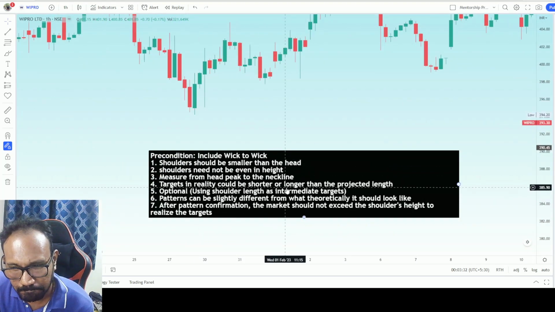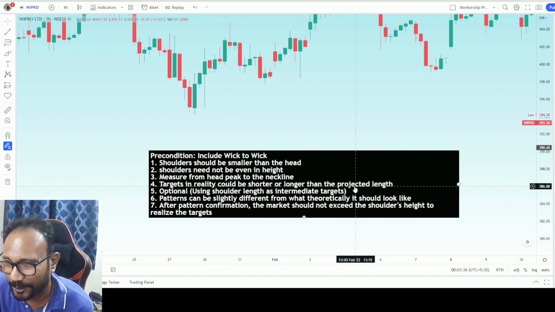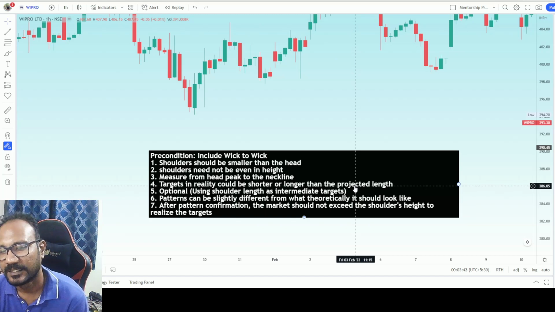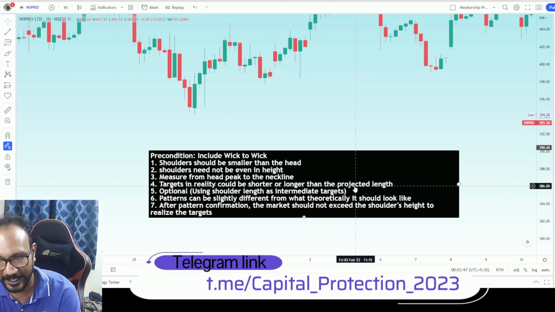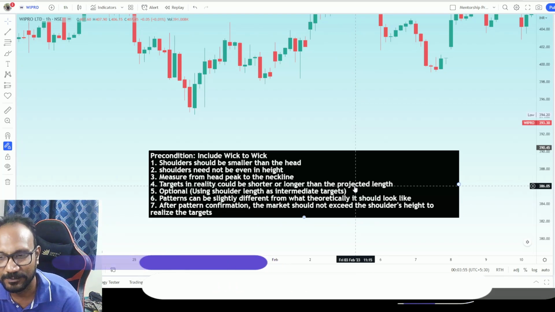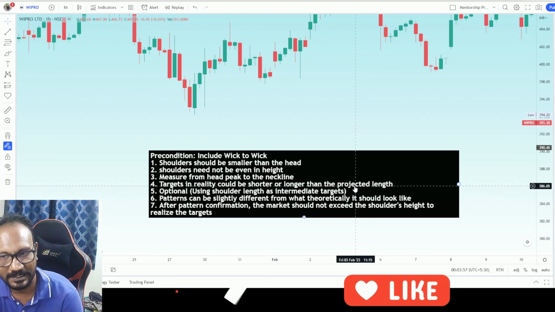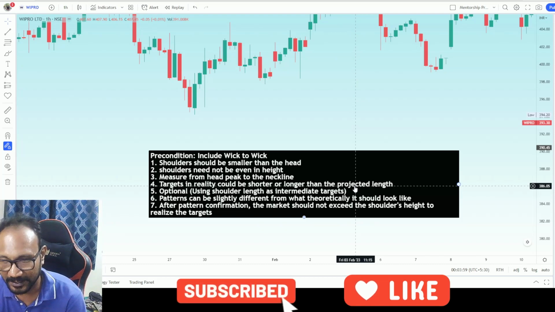Then, like I said, the targets in reality could be shorter or longer than the projected length. Okay, you should have an open mind when it comes to the targets. Sometimes you may have good luck that the target is achieved and the market is falling faster. What you need to do is keep trailing your profits and let it go as far as it can go, and then you can maximize your profits. But there is a bad habit with this, right?